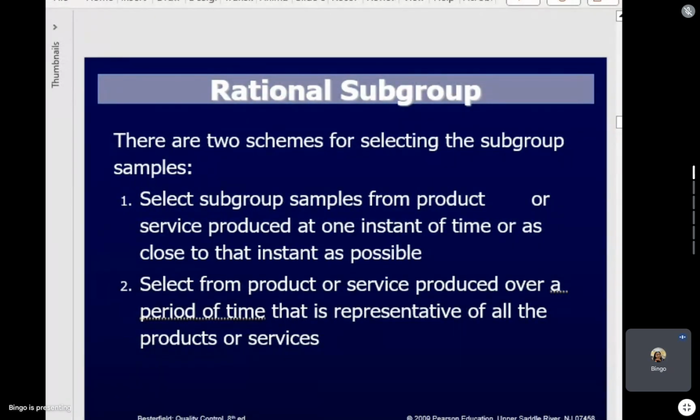Okay. So in selecting the subgroup, first you need to select subgroup samples from product or service produced at one instant of time or as close to that instant as possible. So the gap cannot be far apart, for example, 7 a.m. and then the next at 1 p.m. Second, select from product or service produced over a period of time that is representative of all the products or services.